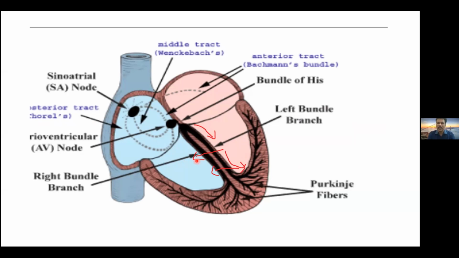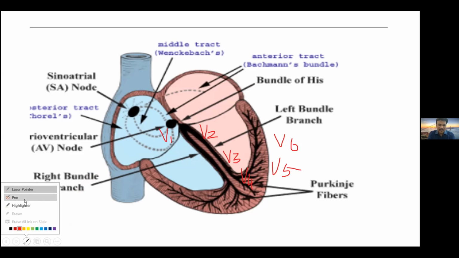Right? Now I am putting the lead here. V1, V2, V3. So from V1, I am recording the ECG. See here, V1 ECG. I am seeing the first electrical activity from this area.